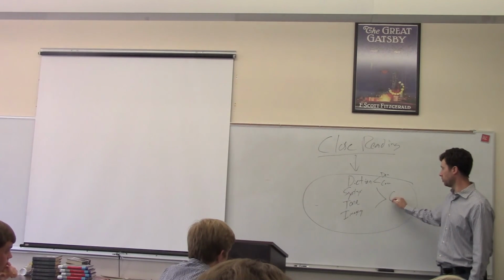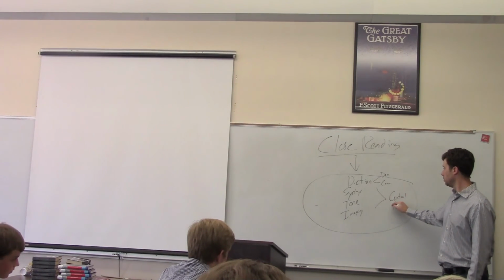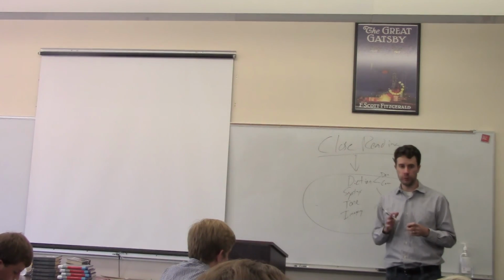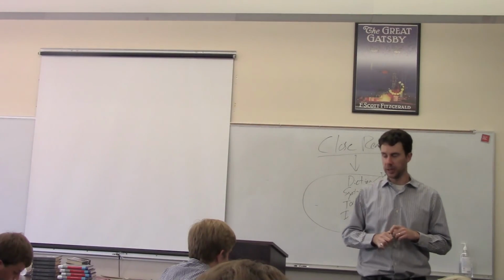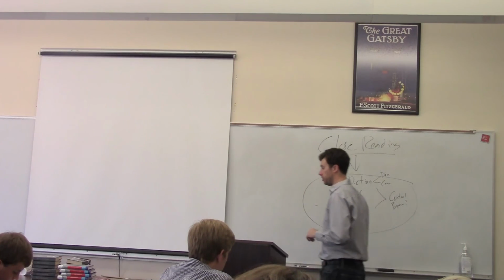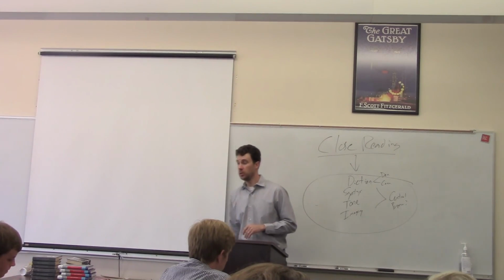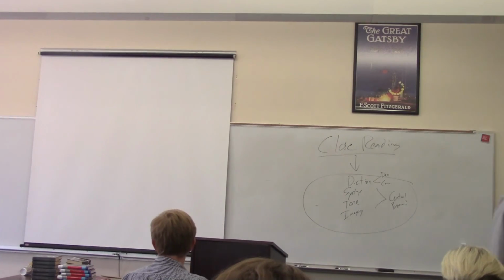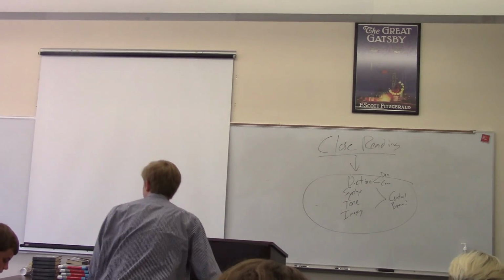All of this to determine what is the central purpose of the passage. Now, that's a quick overview. Unfortunately, we're going to be getting a lot of quick overviews in this class, but we're going to look at it more specifically with this passage from Paradise Lost. So, go ahead and grab your book, open up to Book 1, Line 1, and we'll get started.